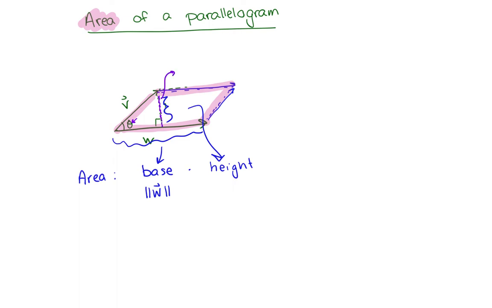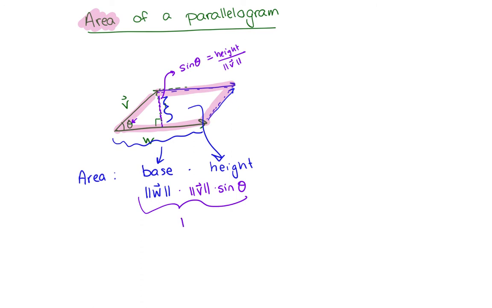So this guy is the opposite side, so we should get sine of theta is equal to that height over the magnitude of v. So the height itself should just be the magnitude of v times the sine of that theta. But now we should recognize this: magnitude of w, magnitude of v times the sine of the angle in between.